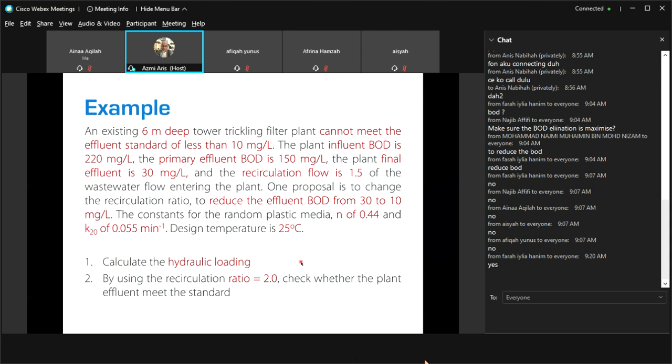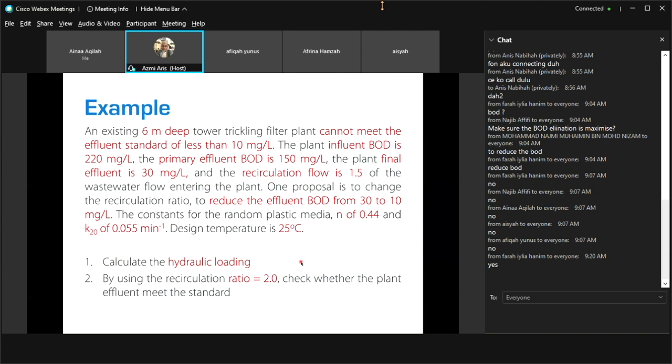The plant influent BOD is 220 milligram per liter. Primary effluent BOD is 150 milligram per liter. The plant final effluent currently is 30 milligram per liter. And the recirculation flow is 1.5 of the wastewater flow entering the plant.